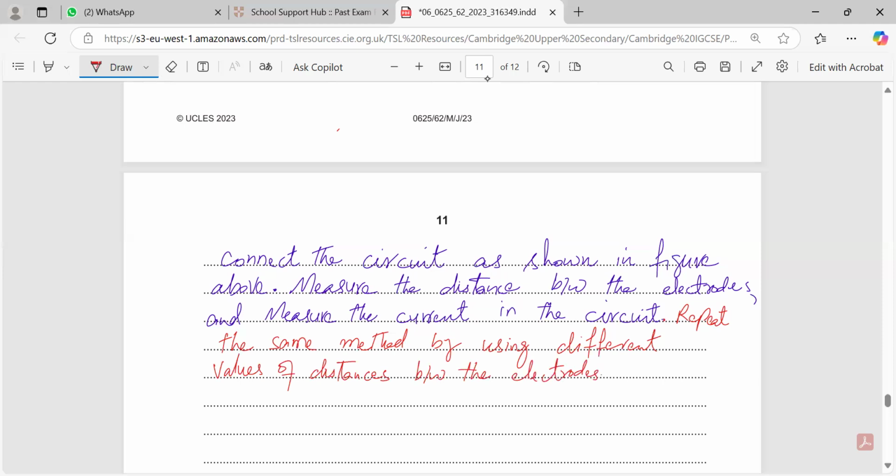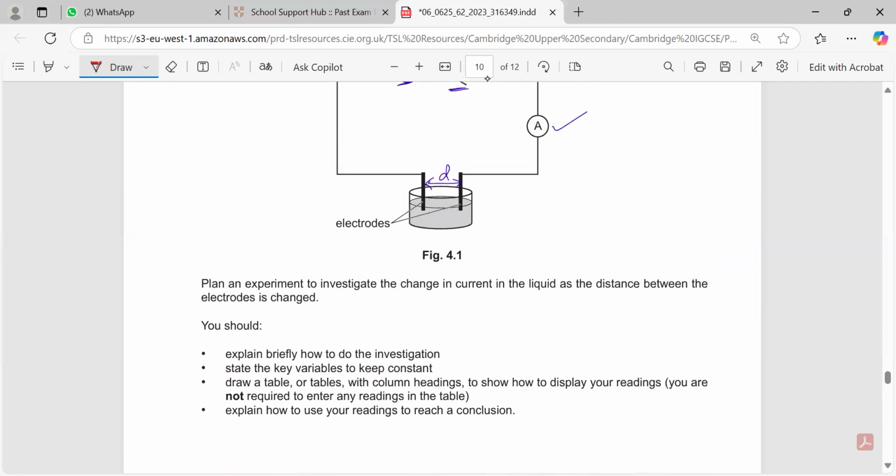Why distances? Why not current? Always when we are repeating, we are changing the independent variable, and in this question the independent variable is the distance between the electrodes. So repeat the same method by using different values of distances between the electrodes. This is the method which we are going to follow.